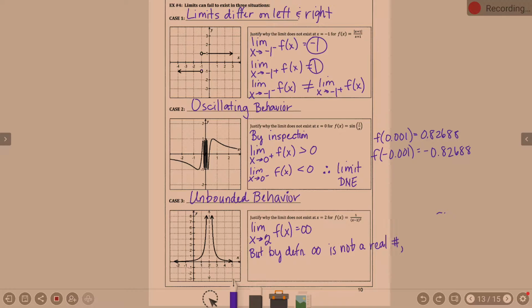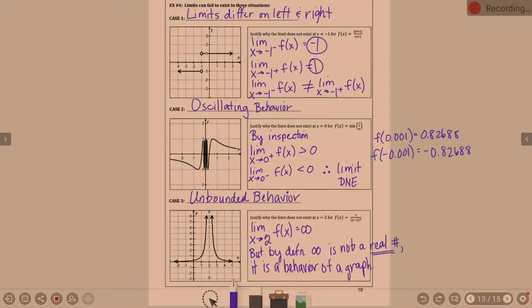It is a behavior of a graph. Okay, and again, it goes back to that real number piece from the other side that I mentioned.